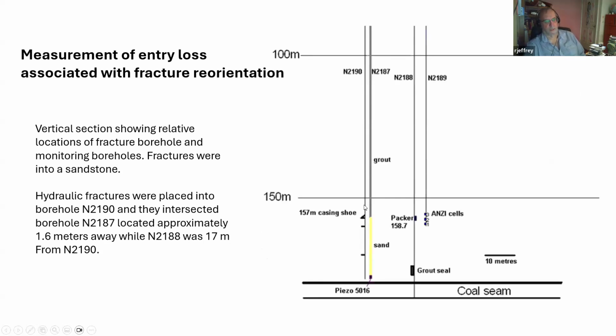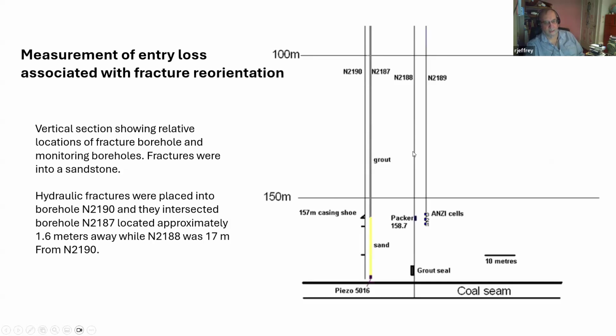But in order to better understand what we might obtain, we had a stress change cell located here. The sandstone was located here. I should say this is a vertical section showing the fracturing hole on the left and a very close by borehole N2187 located 1.6 meters away, as shown here.